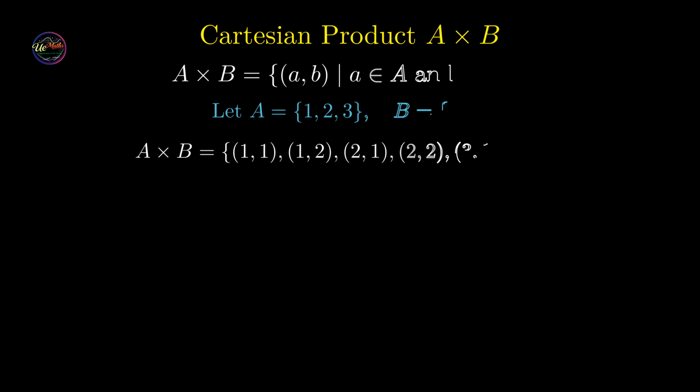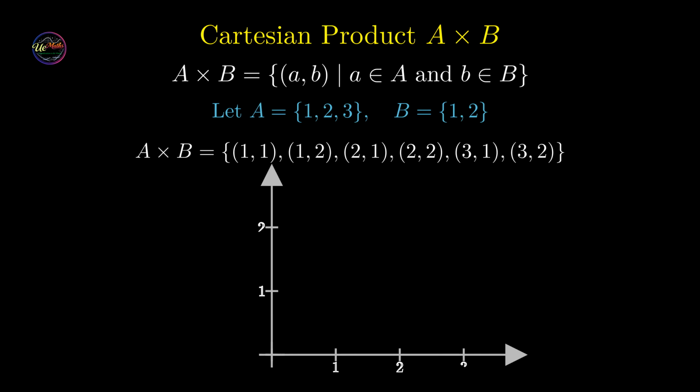The Cartesian product of two sets A and B, denoted A cross B, is the set of all ordered pairs where the first element belongs to A and the second belongs to B. Graphically, we can represent this on a coordinate grid, where elements of set A are mapped along the horizontal axis, and elements of set B are mapped along the vertical axis, forming clear grid intersections.